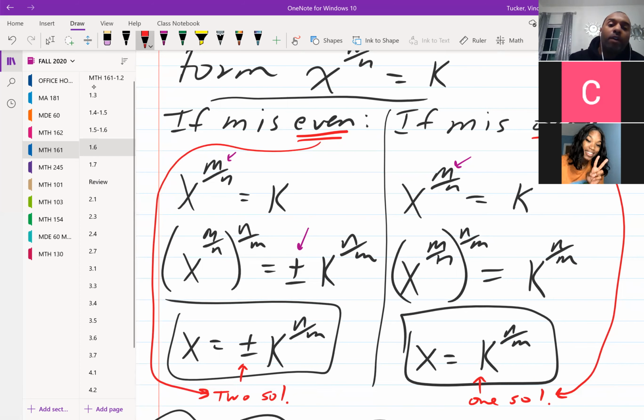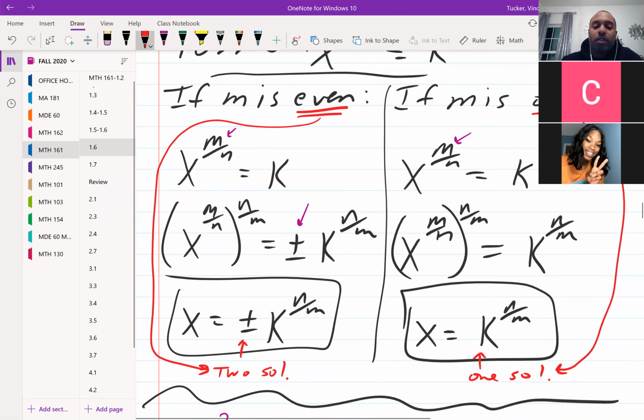All right, so now if your numerator is even, then notice we have plus or minus, because what's going to happen is you're going to end up taking the even root, and the even root always produces two solutions, which is plus or minus. But if that top number is odd, you're only going to get one solution. So you do not do the plus or minus. Once again, I'll show you an example of that.